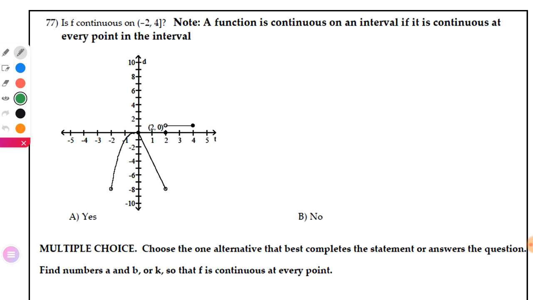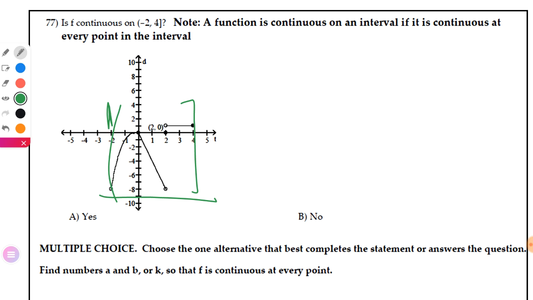For this one, please remember, is f continuous on the interval from -2 to 4? Look here, from this one to this one. Is the function continuous? No. A function is continuous on an interval if it is continuous at every point in the interval. In this case, do you have any interruption in the curve of the function?